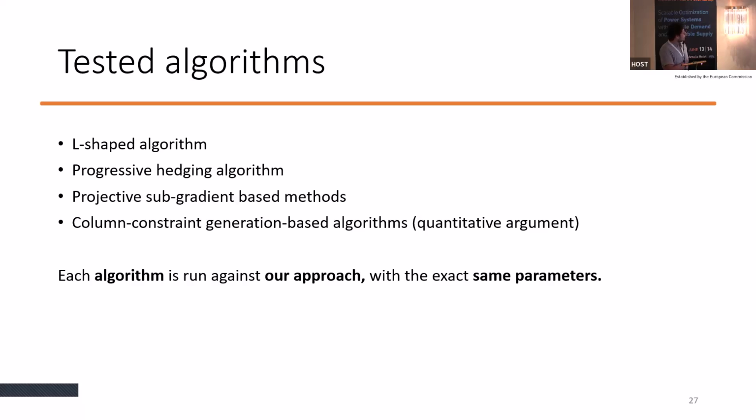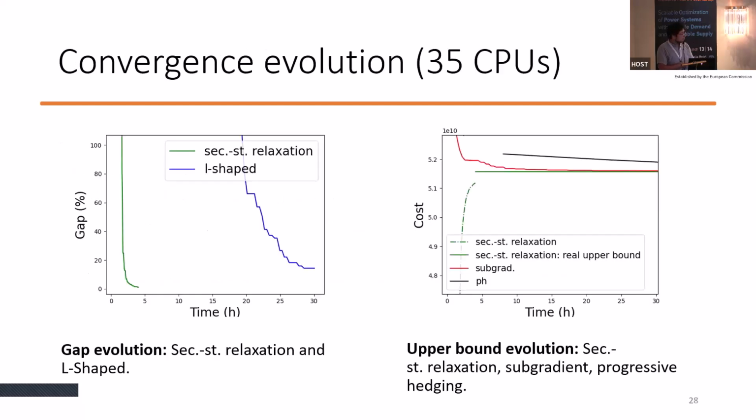For the other ones, we let these algorithms run, and we compare them against the performance of our approach with the exact same parameters. In this first slide, what you see is the convergence evolution using 35 computers. On the figure on your left, you see the gap evolution.